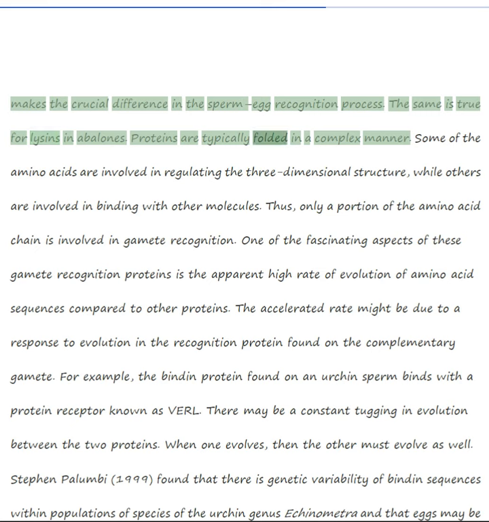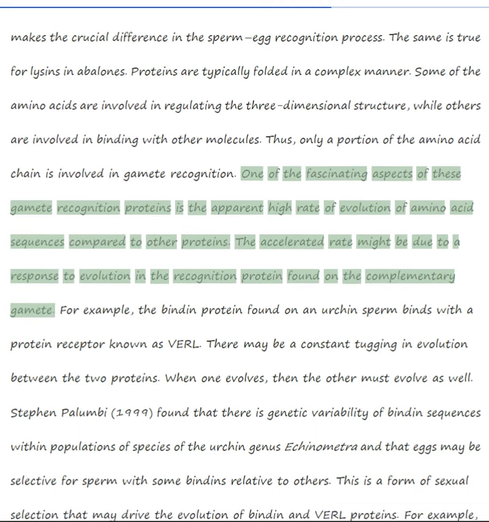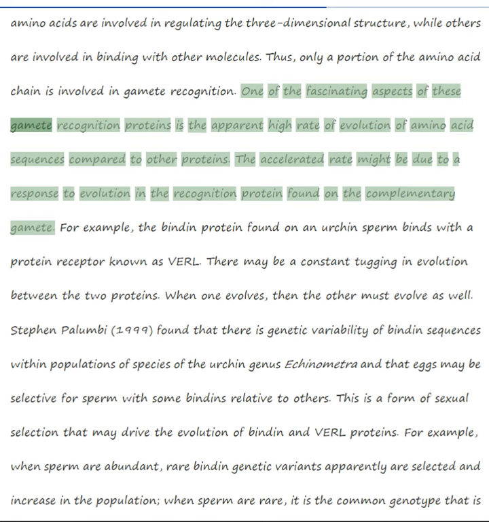Proteins are typically folded in a complex manner. Some of the amino acids are involved in regulating the three-dimensional structure, while others are involved in binding with other molecules. Thus, only a portion of the amino acid chain is involved in gamete recognition. One of the fascinating aspects of these gamete recognition proteins is the apparent high rate of evolution of amino acid sequences compared to other proteins.